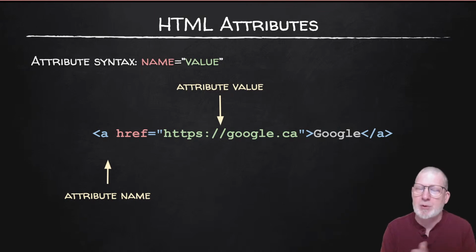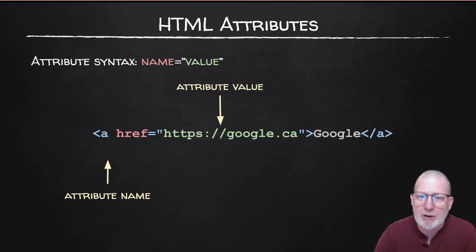That is, they're always represented the same way. There's the name of the attribute, an equal sign, and the value that's assigned to that attribute. In an anchor tag, the attribute we're interested in is the hypertext reference, which we're just writing the short href. The equal sign says what is the reference going to be.